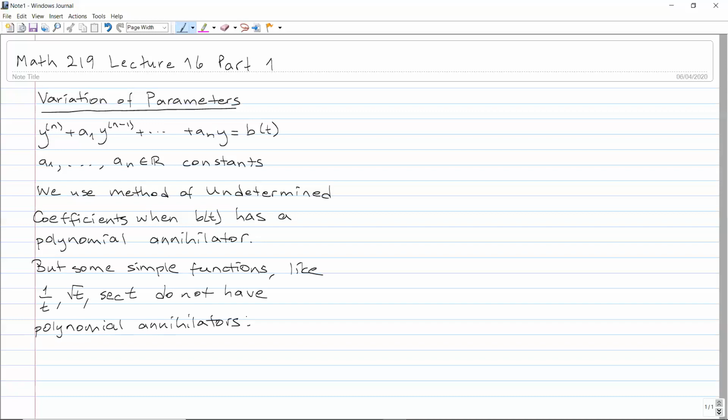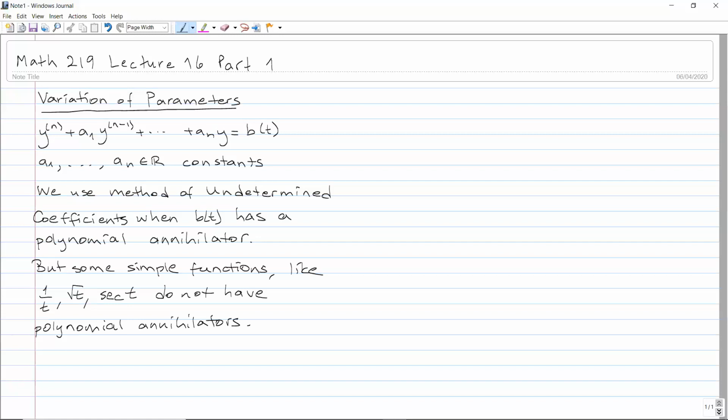So if your function b(t) on the right side of your equation is a function like 1 over t, root t, or secant t, then the method of undetermined coefficients doesn't work.